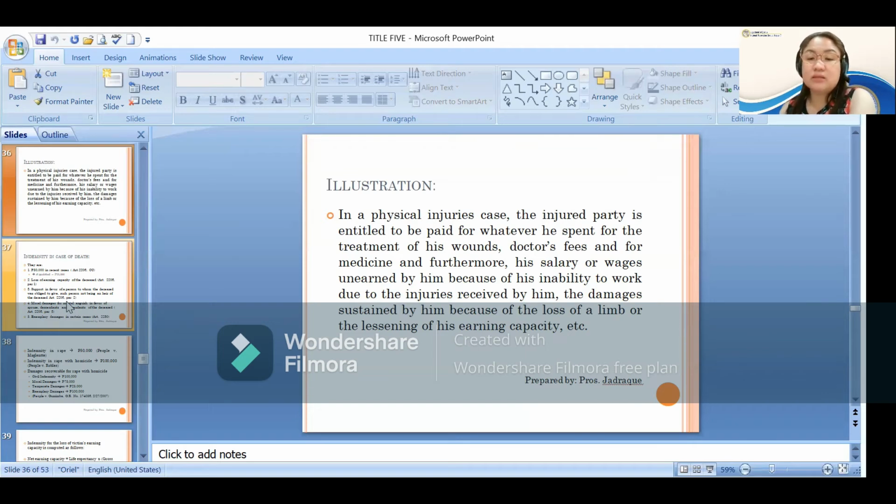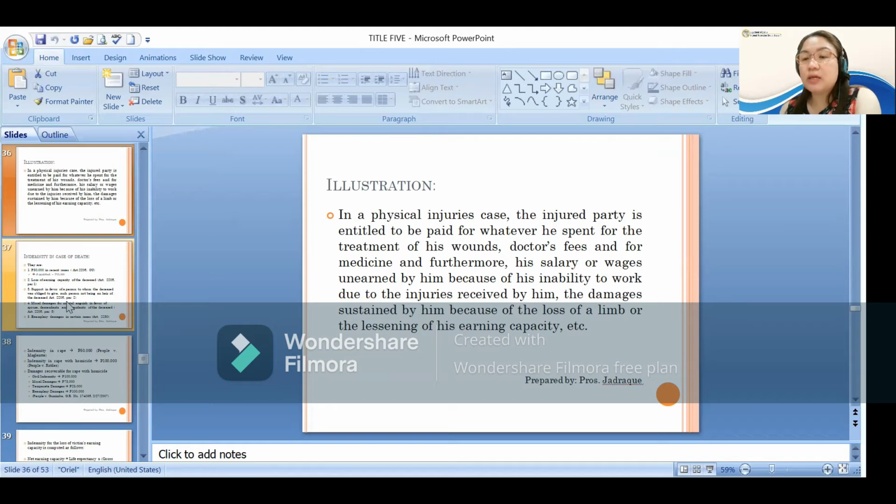What does this mean? That because of the injury he sustained, maybe his limbs are not functioning well anymore after the commission of the crime. So his earning capacity has lessened.